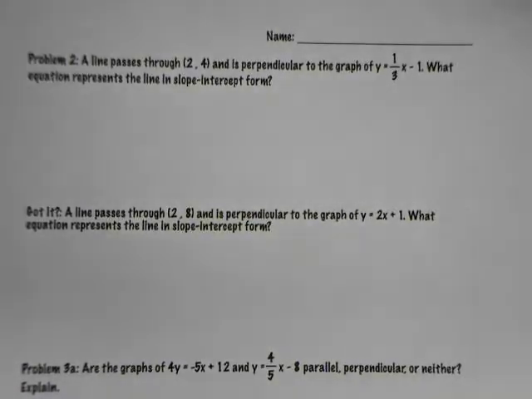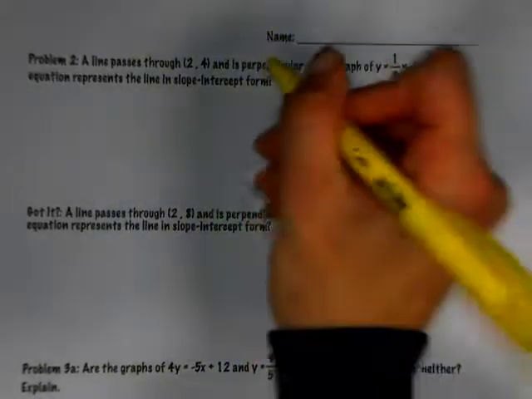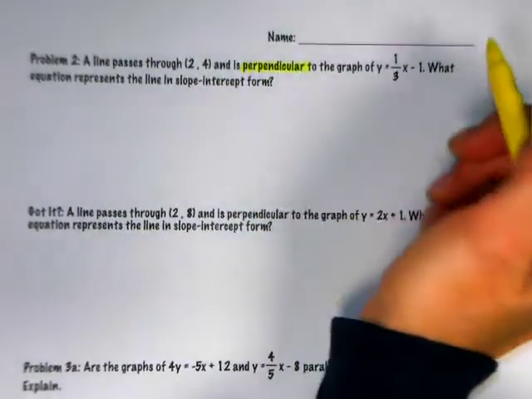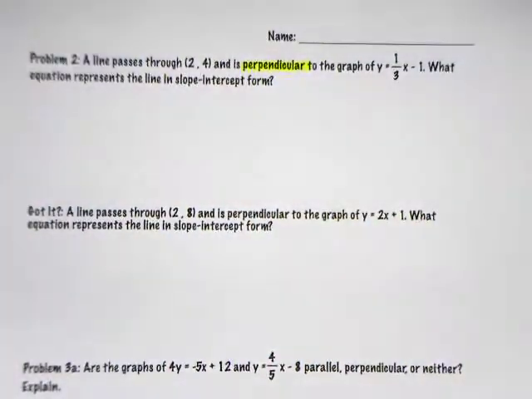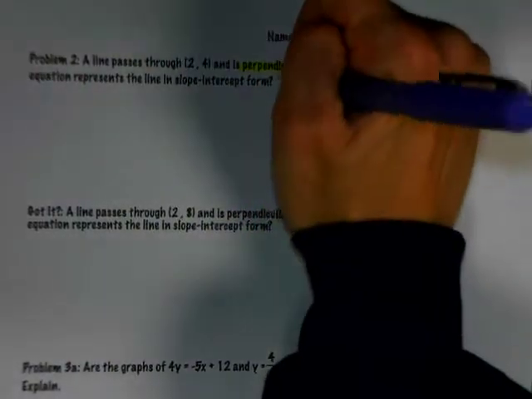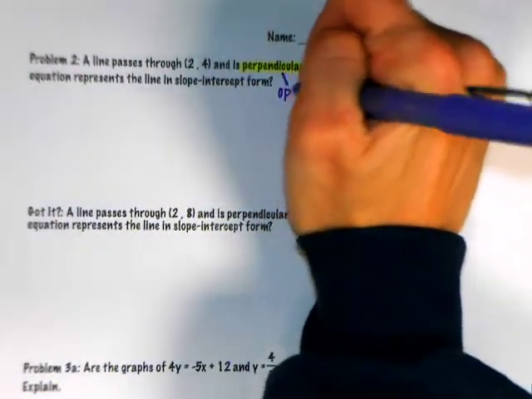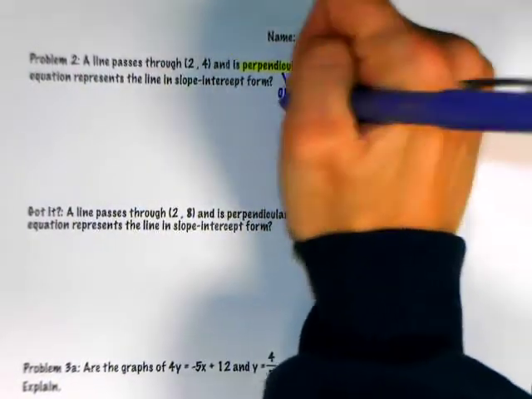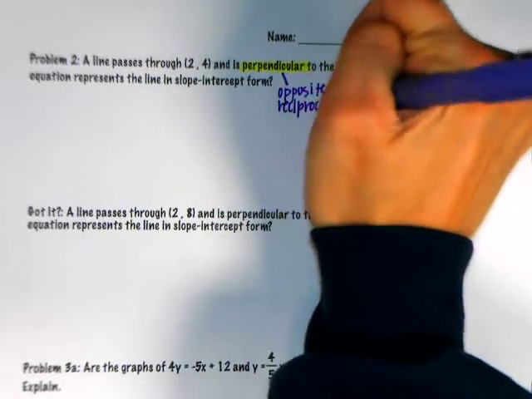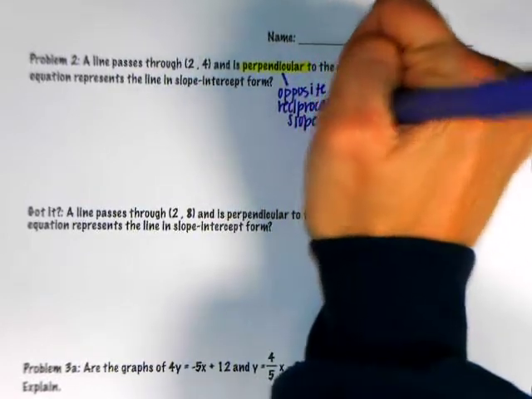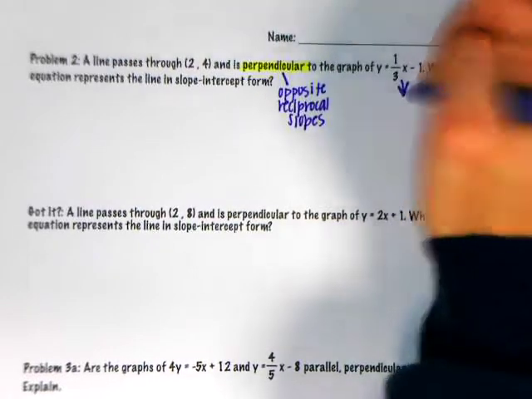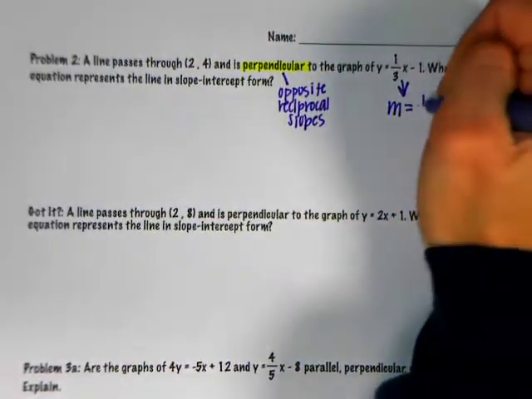All right, a line passes through (2, 4) and is perpendicular to the graph of that. So we know perpendicular means opposite reciprocal slopes, right? So what is the slope of this original line? 1/3, right?